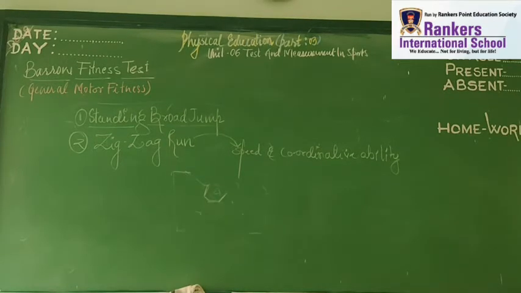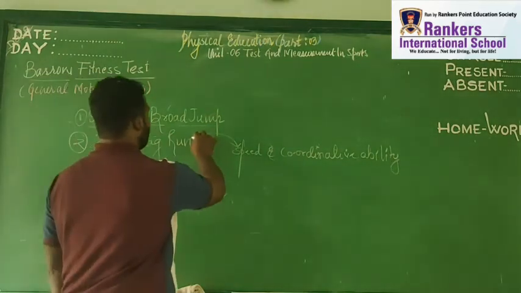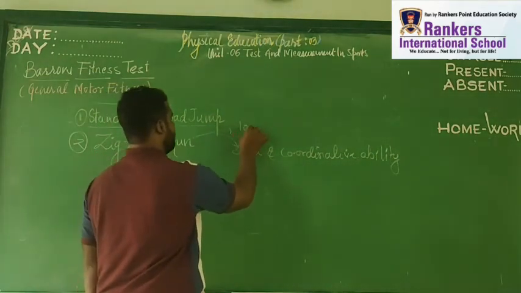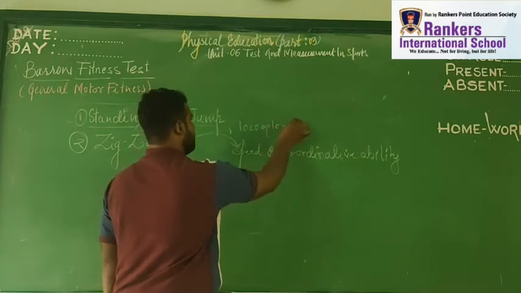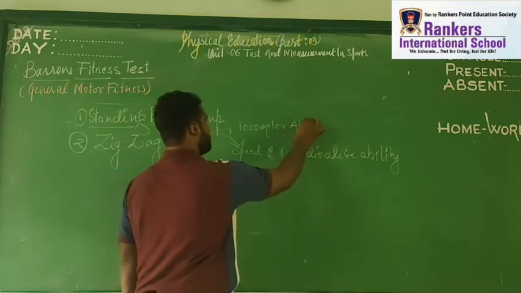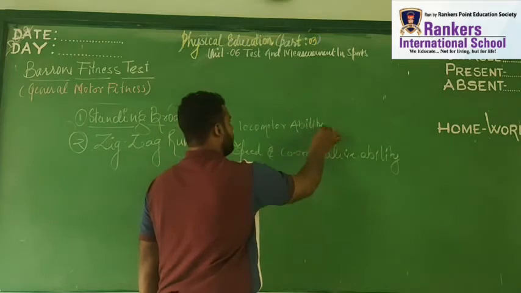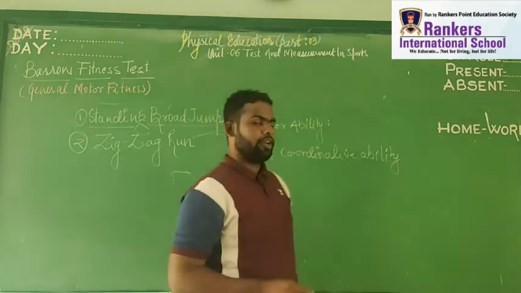So what does the zigzag measure? Let me draw the diagram so we can understand what the zigzag is. Before this we have to understand one concept, locomotor ability. What is locomotor ability?